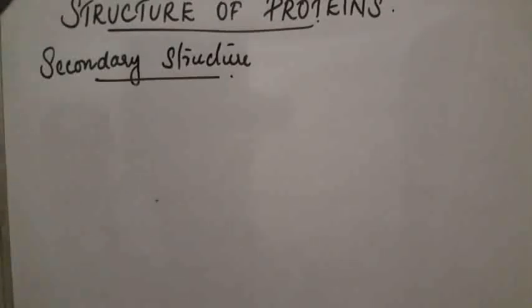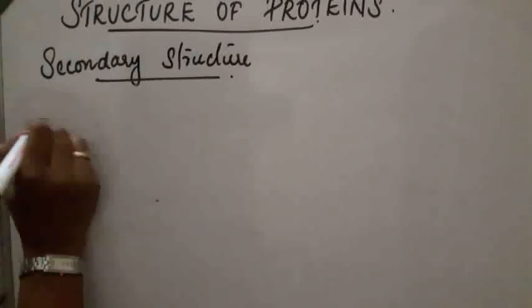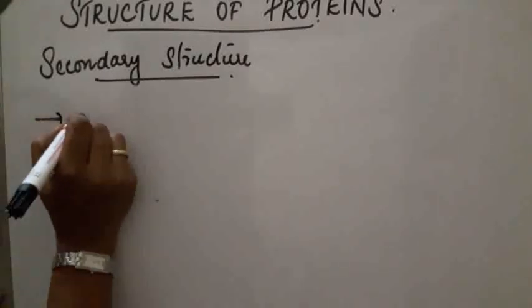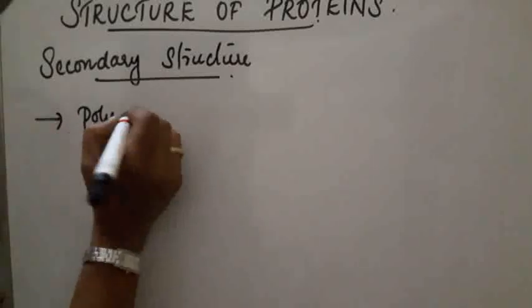Second level is secondary structure of protein. This gives the manner in which the polypeptide chains are folded or arranged.